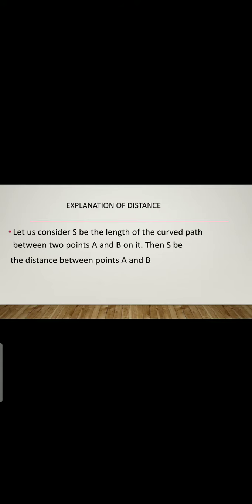We have taken 2 points on the curved path, A and B, and S represents the length of the curved path between them. This is the distance, as I defined before.